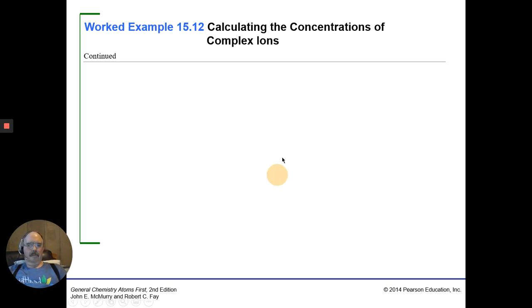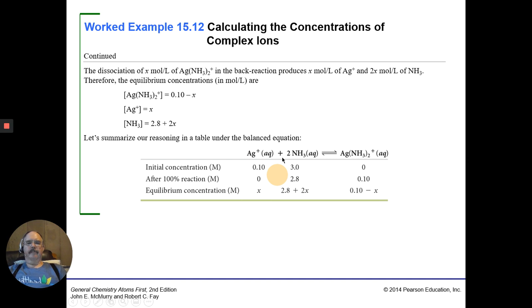All right, so these are the amounts that we start off with. After 100% reaction, we assume that all of the silver has gone to the complex, so there's 0, 2.8, this is from the previous slide, and 0.1.